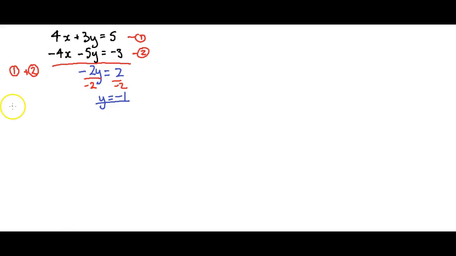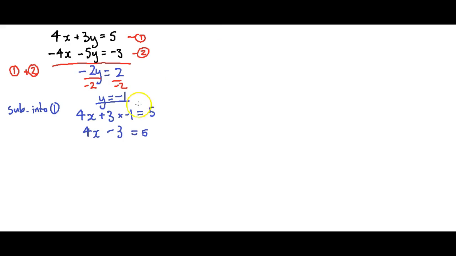Now we substitute that back into one of our equations. I'm going to choose equation 1. So where y is, we're going to replace it with a minus 1. So 4x plus 3 times y, here's where we're replacing our y, is equal to 5. Okay, so I've got to do this multiply, so 4x plus 3 times negative 1 is negative 3, equals 5.